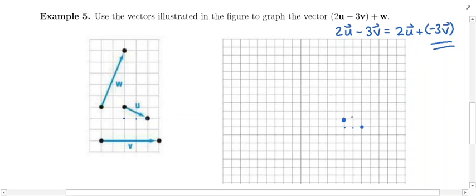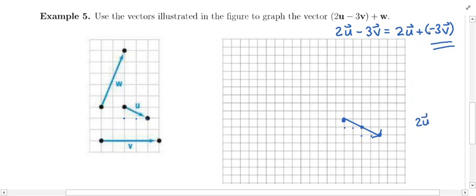So we need a second copy of u. We already went down 1, right 2. We need to do it again. So down 1, right 2. Okay, so now this is 2 times u. We're going to connect our initial point to our terminal point. So this is 2u.